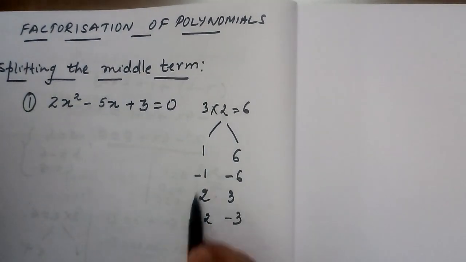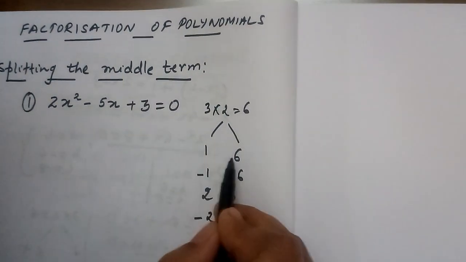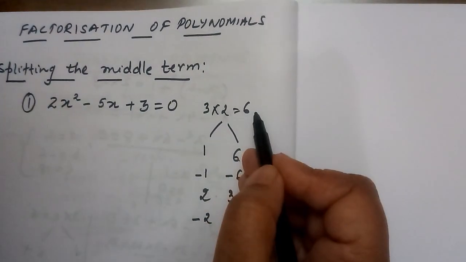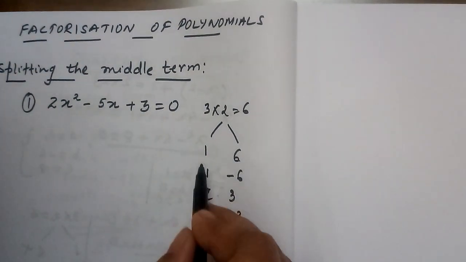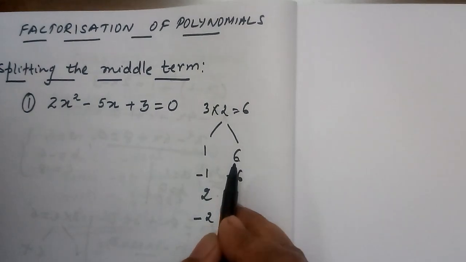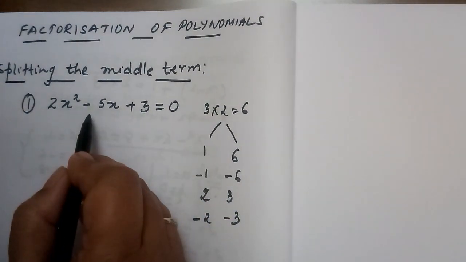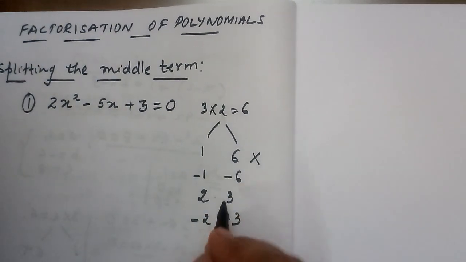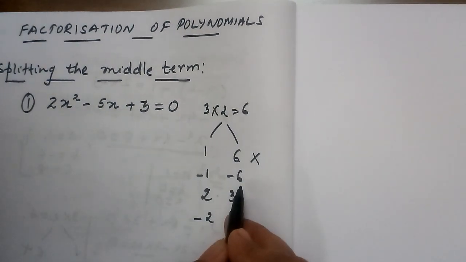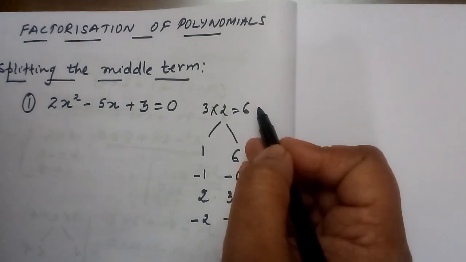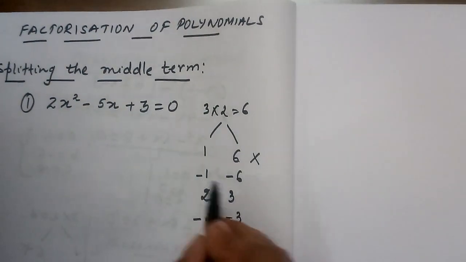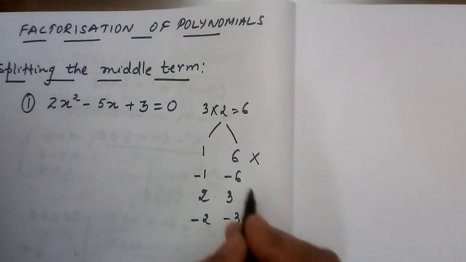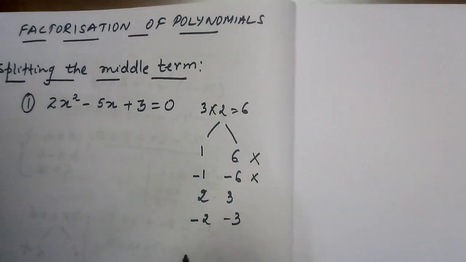Suppose I take 1 and 6: when I multiply 1 and 6, I am getting 6, no doubt. But when I add them, 1 plus 6 gives me 7, whereas I require minus 5. So I rule out this. Next is minus 1 minus 6. I multiply them, again I get 6. But when I add them, I get minus 7, and I require minus 5. So I rule out this also.